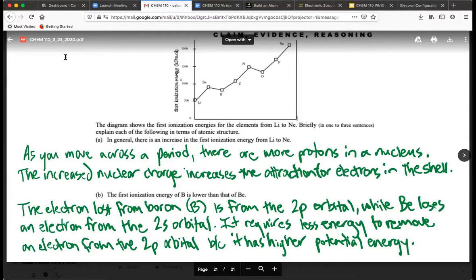So if you think about this, the other questions that one could ask, well, let's think about, say, for example, carbon versus nitrogen versus oxygen, and why it might have that behavior. So there are some other questions for you to think about answering here.